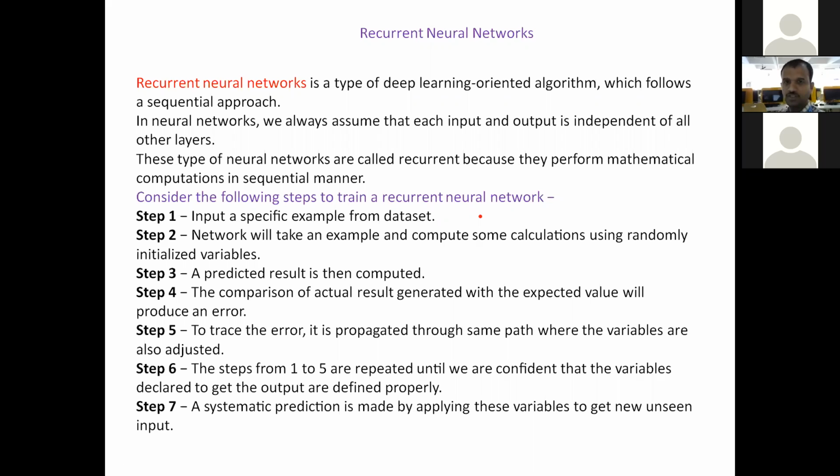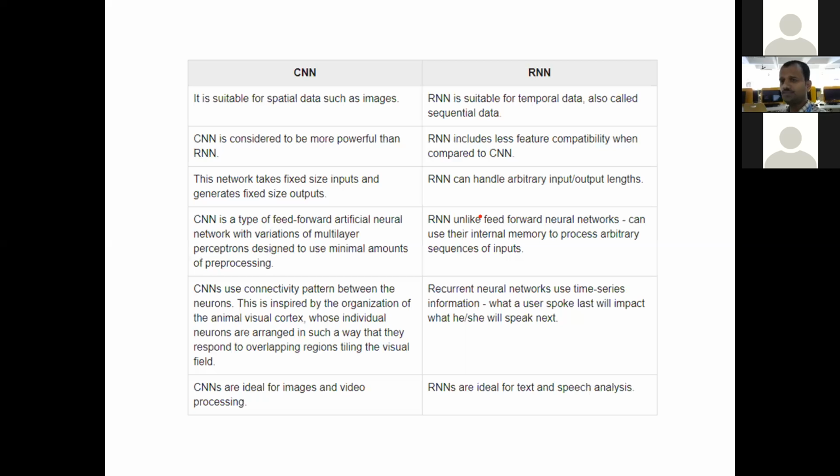This is an important slide where you will see the differences between CNN and RNN. CNN is suitable for spatial data such as images. RNN is suitable for temporal data, also called sequential data. This is a very important point to remember.